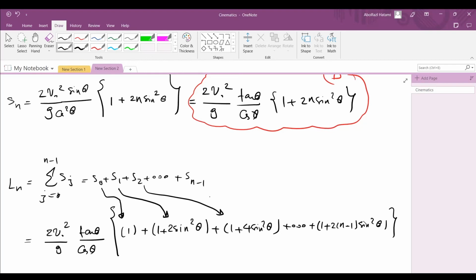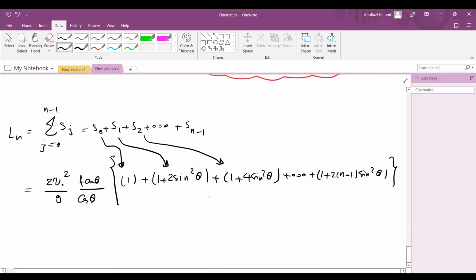So here we have n minus 1 terms, so we have n minus 1 ones here, 1, 1, 1, and there are n minus 1.